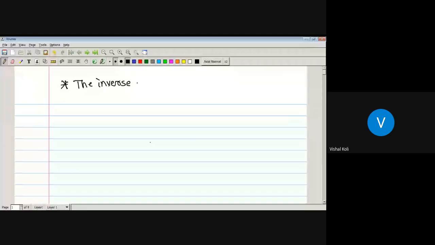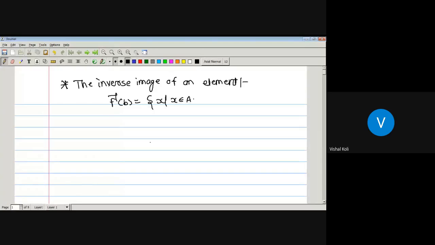That is, if f is a function from A to B, then for any element small b belonging to capital B, the inverse image of b under the function f is denoted by f inverse of b, and it consists of all those elements of the domain A that are mapped onto b, that is, all x in A such that f of x is equal to b.